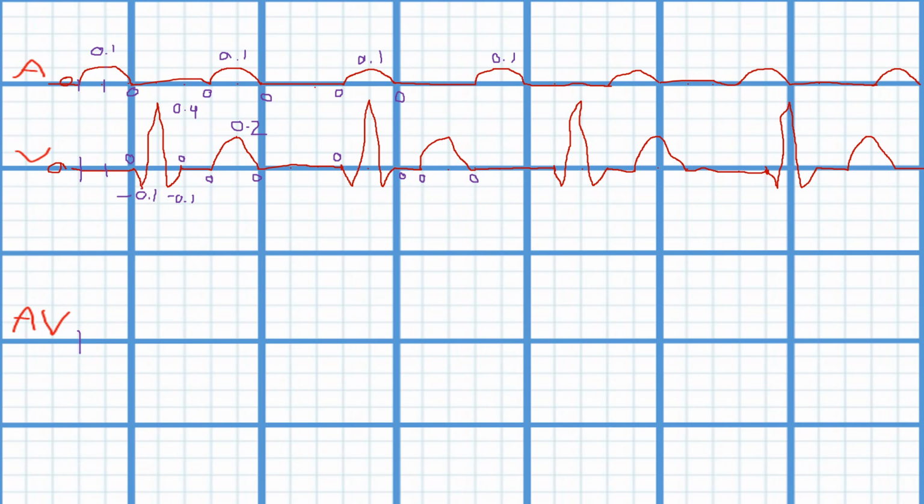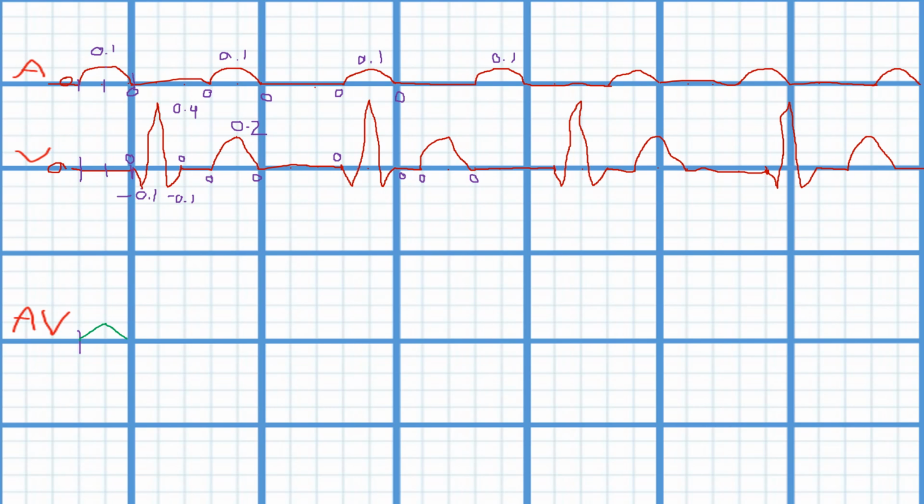And so right here, 0 plus 0.1 is 0.1. So we went up there, and now we're going to come back down here. How do we know that? Because you look, no electrical activity here, no electrical activity over here. Going back to that purple, right here, as you can see, no electrical activity.